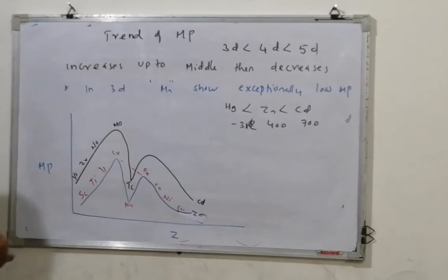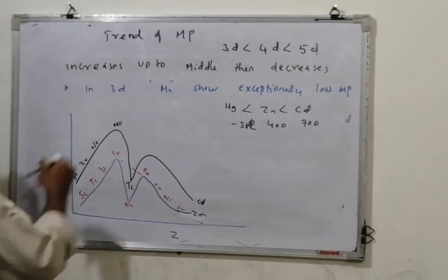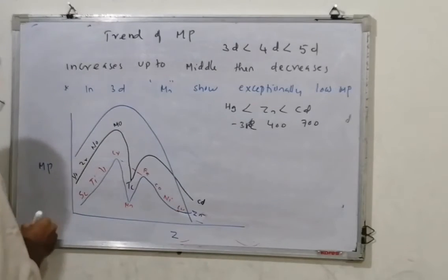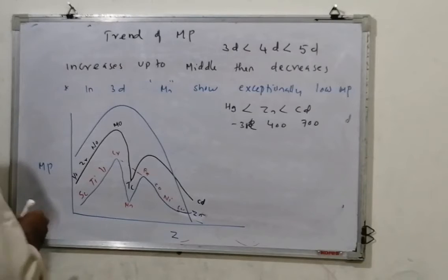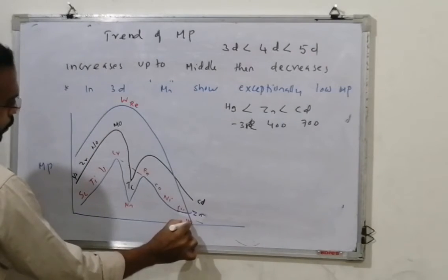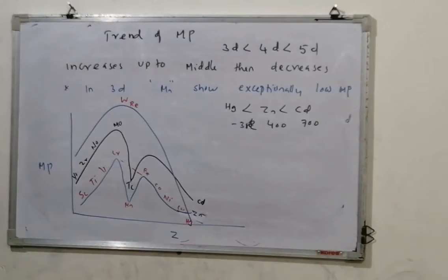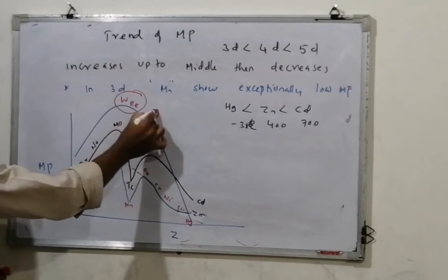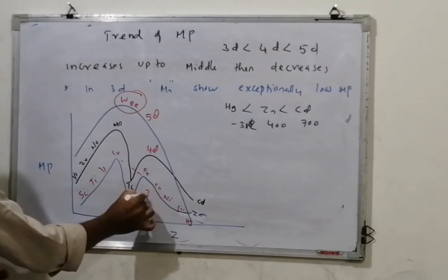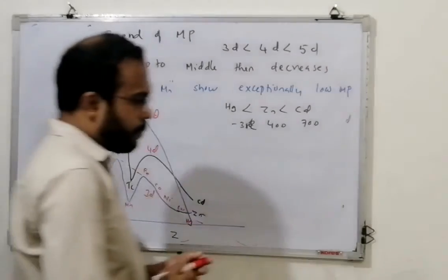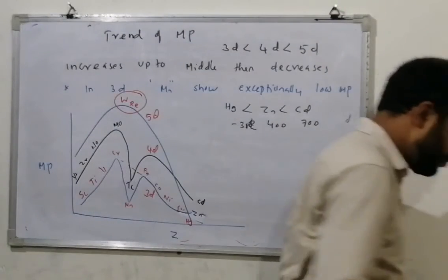Here cadmium. Now here our tungsten and rhenium. Here our mercury. This is the highest for tungsten and rhenium. This is 5D, this is 4D, and this is 3D. Okay, this is all about the melting point.